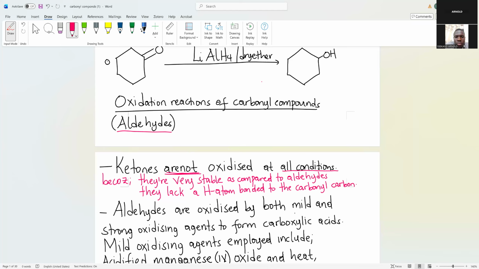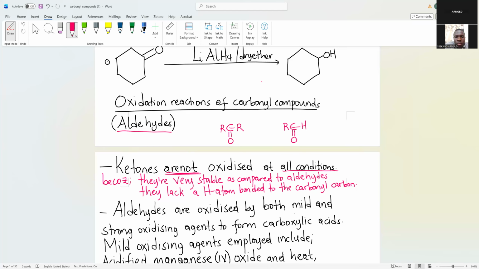Ketones have this structure, R, C double bond O, R. That's how ketones look. However, aldehydes have R, C double bond with oxygen, then H. So ketones lack a hydrogen atom bonded to the carbonyl carbon.